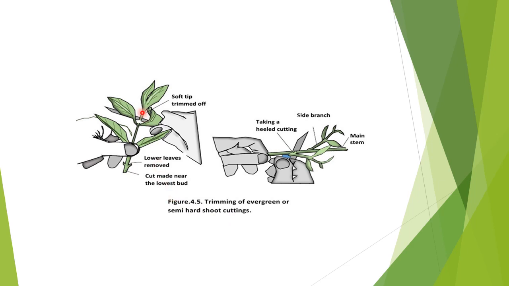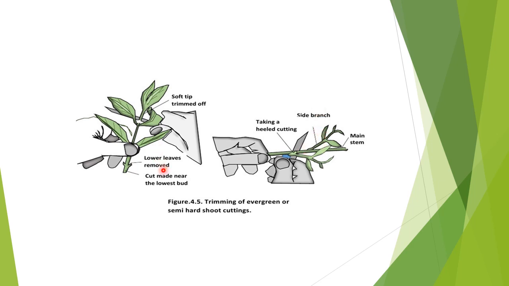So you remove the upper shoot tip, and then the lower leaves are removed. Sometimes, if it is a side branch, you take a heeled cutting, and it can be a main branch. This is the side branch.